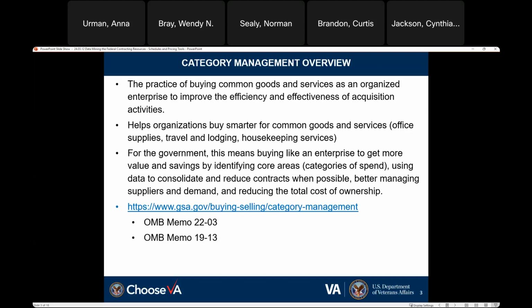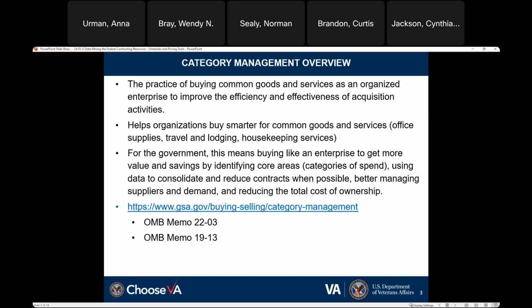Obviously, for small businesses, category management has been recognized as a potential concern because if there is one contract for one service at one location, a small business can easily do it. If it is a nationwide contract, the opportunities for small businesses to be able to compete to offer the greater scales may disappear or may be smaller.